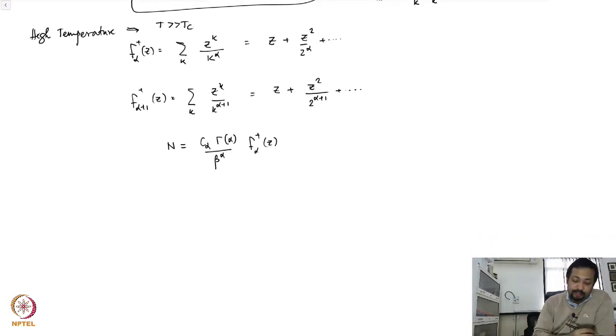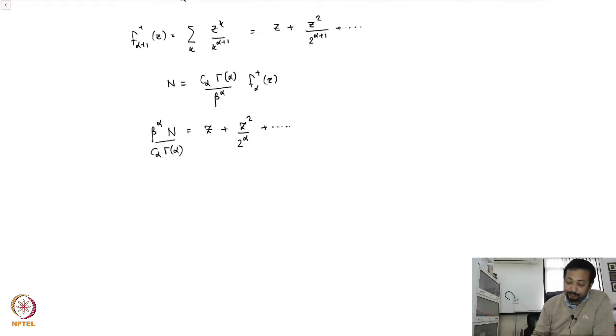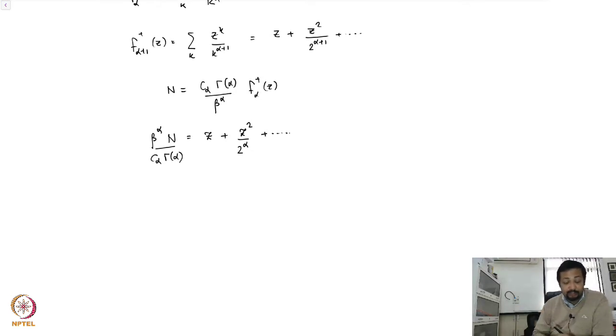So in order to determine the fugacity, since I'm at high temperatures far away from my critical temperature, I write this as beta to the power alpha C_alpha Gamma(alpha) times z plus z square over 2 to the power alpha plus higher order terms. Now a perturbative expansion of the fugacity can be done so that to the lowest order I have z1 as beta to the power alpha n over C_alpha Gamma(alpha).